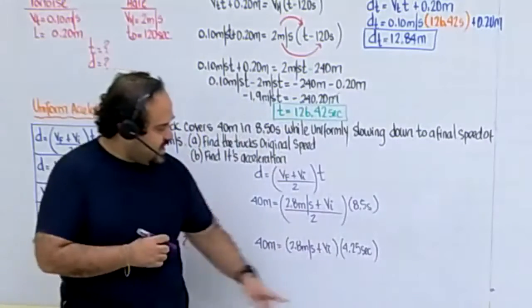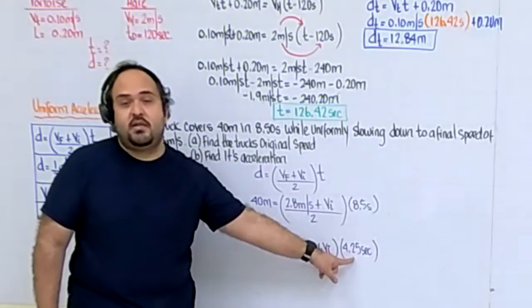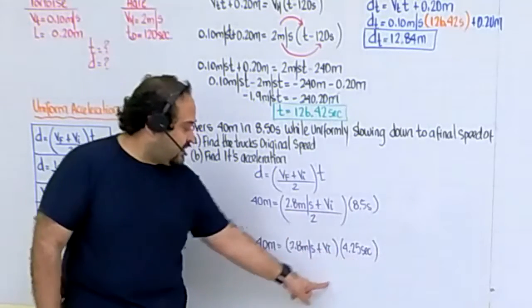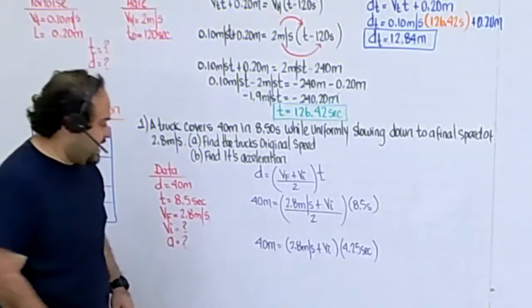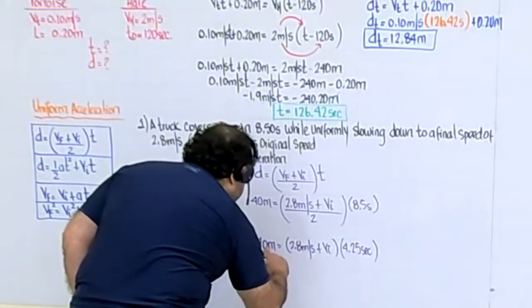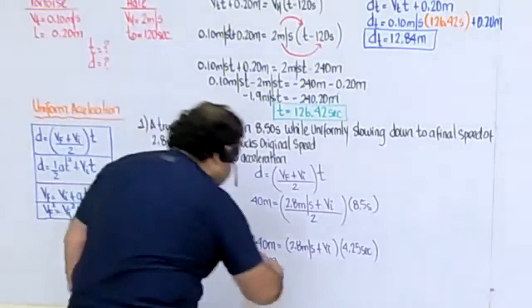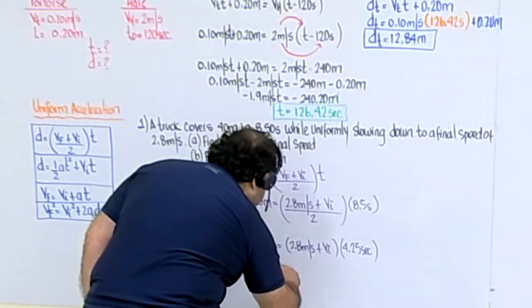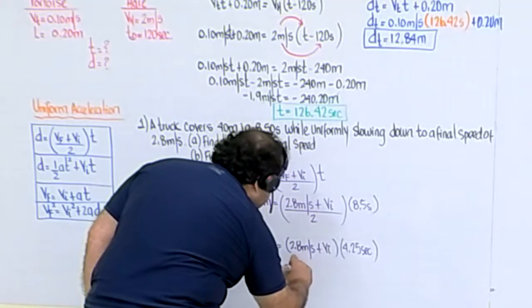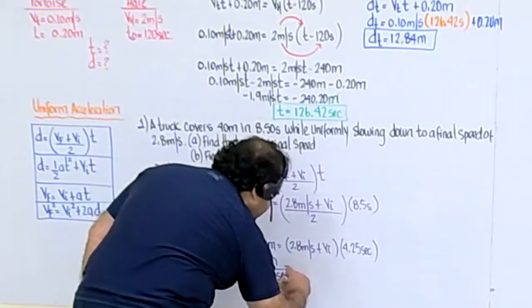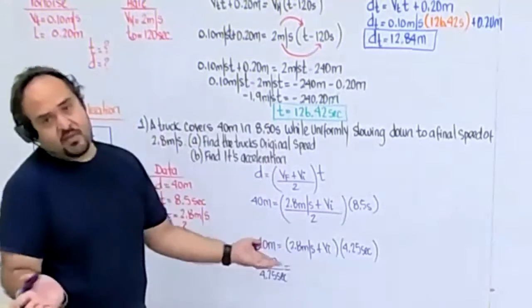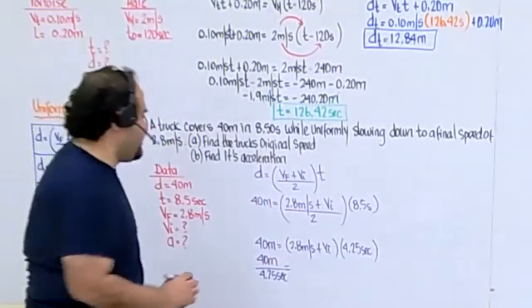Okay, and because this quantity is multiplying, it passes to divide. I mean 40 meters divided by 4.25 seconds equals, you don't need the parenthesis anymore because there's nothing to multiply.